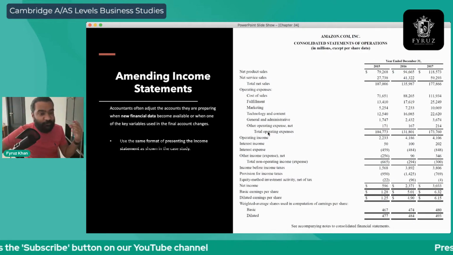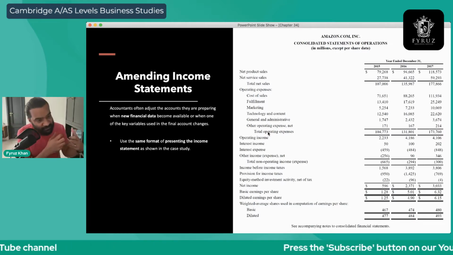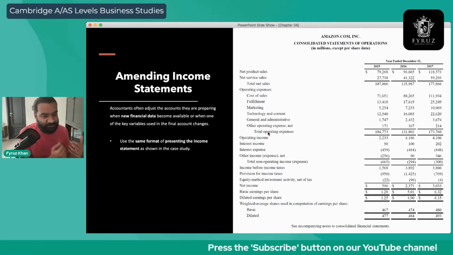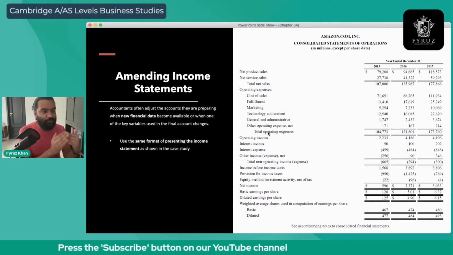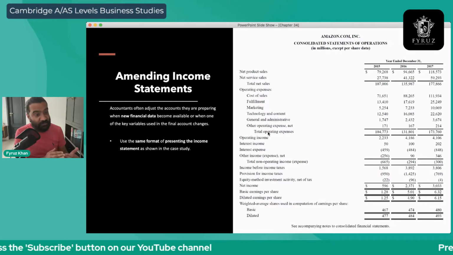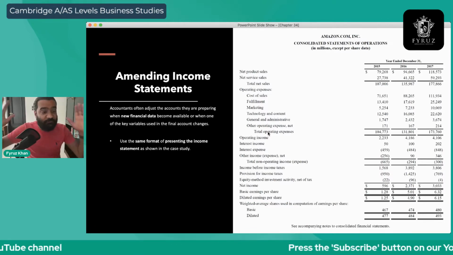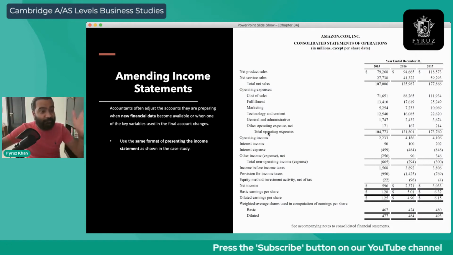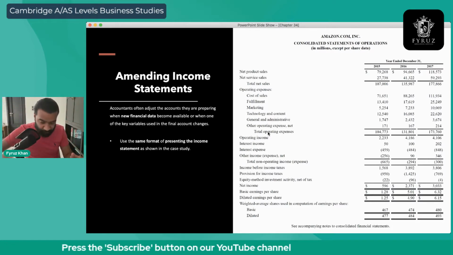Therefore, you have to be very, very careful. The first rule is use the same format, use the same accounting rule, use the same structure while changing. Do not do anything that is different from what you've done previously in that particular income statement. Okay, use it in just that way.